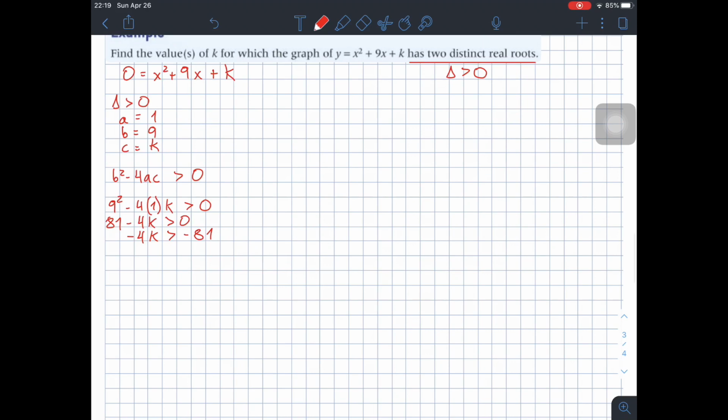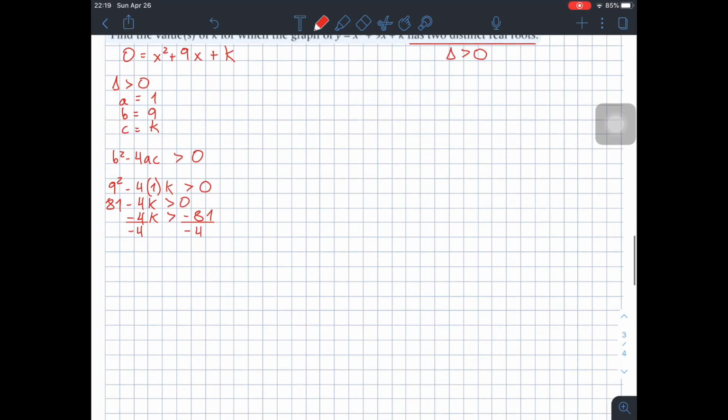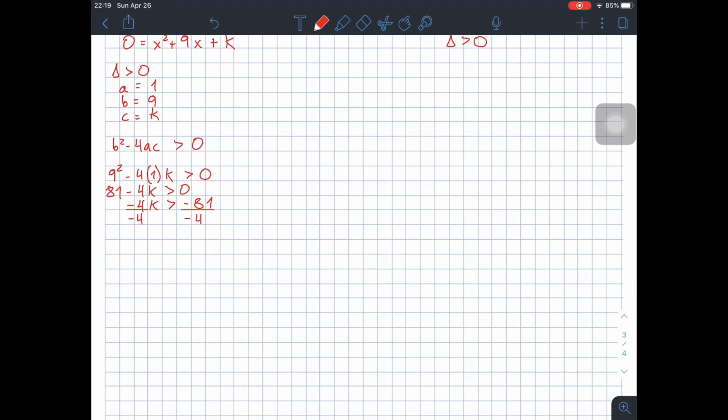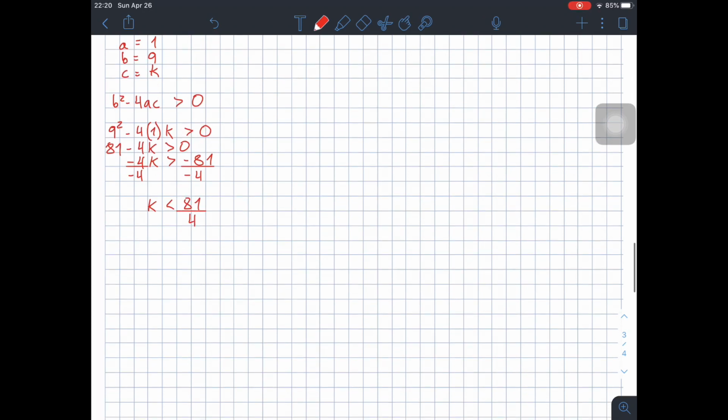But since we're dividing by a negative number, divided by negative 4, remember whenever we do this in an inequality, the inequality sign changes its direction. So this would be k is smaller than 81 over 4, which is the same as saying that k is smaller than 20.25.